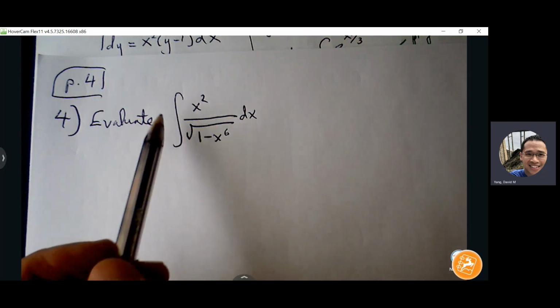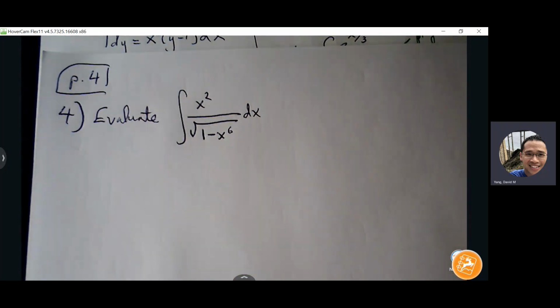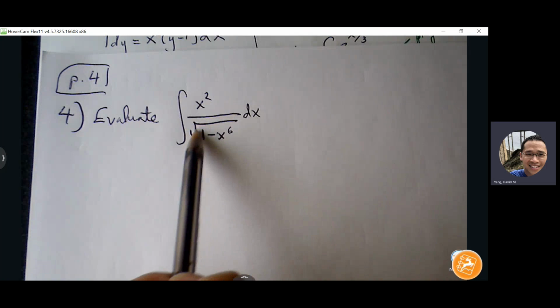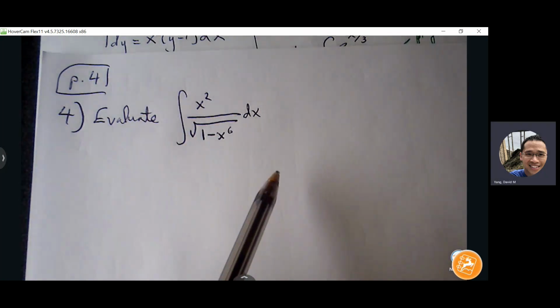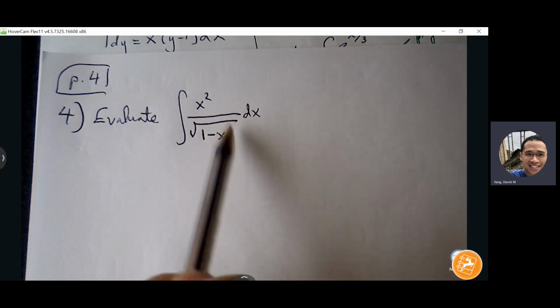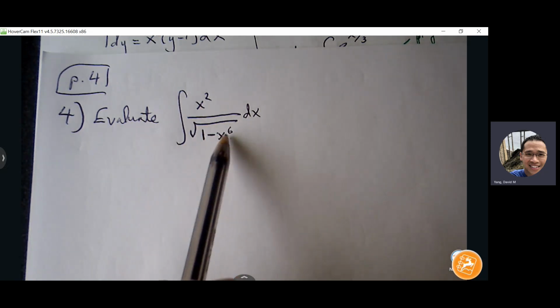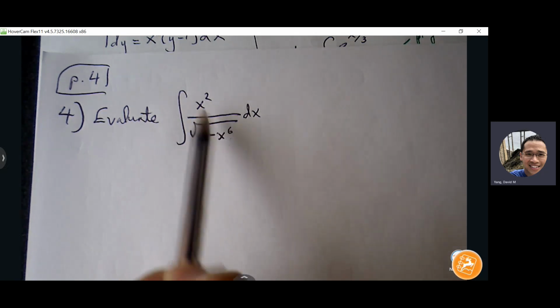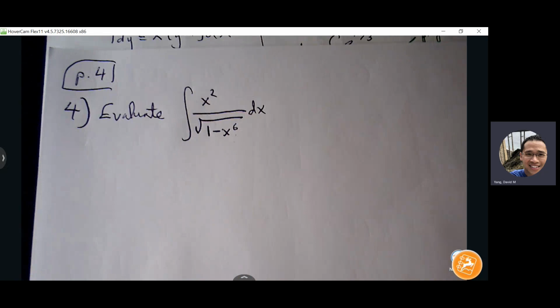What gives it away that this is not just going to be a normal u-substitution problem where I set the u value to be 1 minus x to the 6th? Yeah, degree, there's a big gap, right? This would be a better fit for normal u-substitution if this is 1 minus x to the 3rd power, because then we know that 3x squared will handle that nicely. But with that large of a gap, we know there's going to be some sort of arc trig involved.